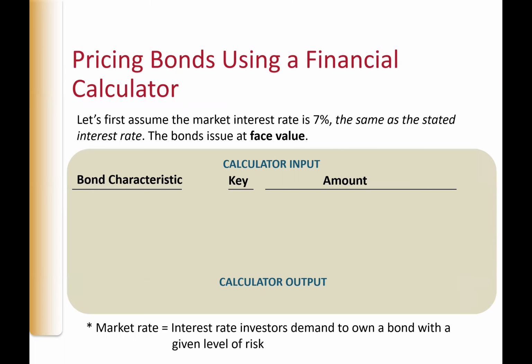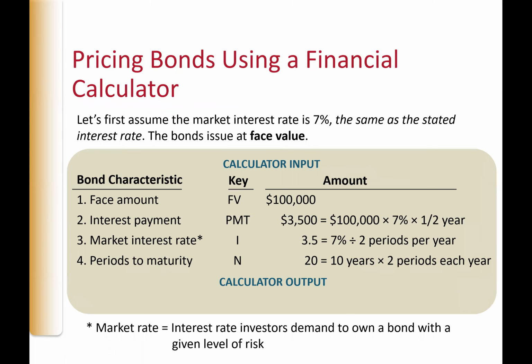The market rate is the key. The market rate is what an investor wants to get or expects to receive for an investment. And that market rate is what's used to determine the interest expense.